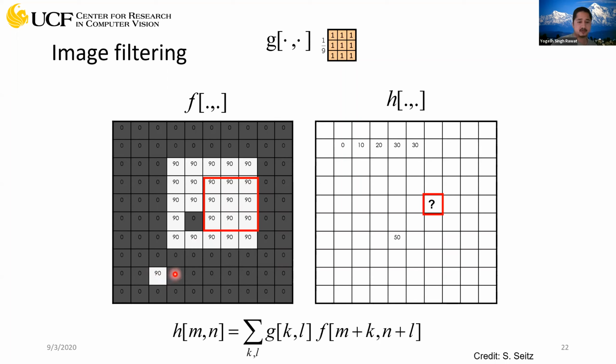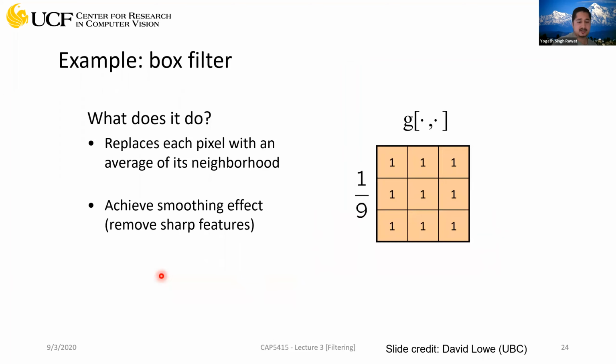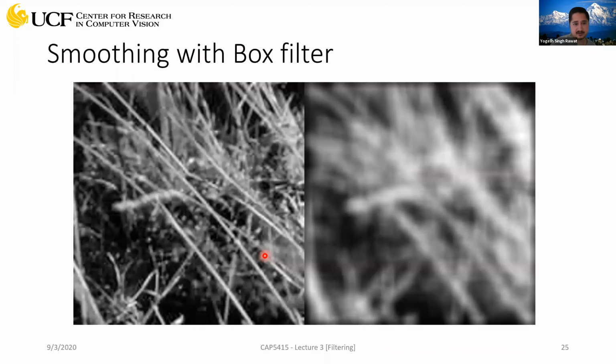It could be noise, because you don't actually have very small objects represented by just one pixel. That's why it's trying to remove sharp features. We call those kinds of features sharp, which could be noise or anything else. That's another interpretation. Now, if you apply that box filter to this nice image, you get something like this. It's completely blurring it out.